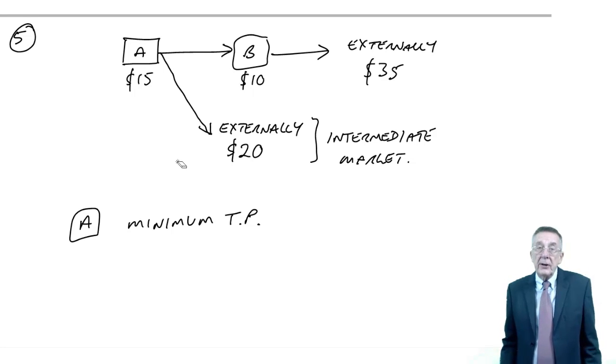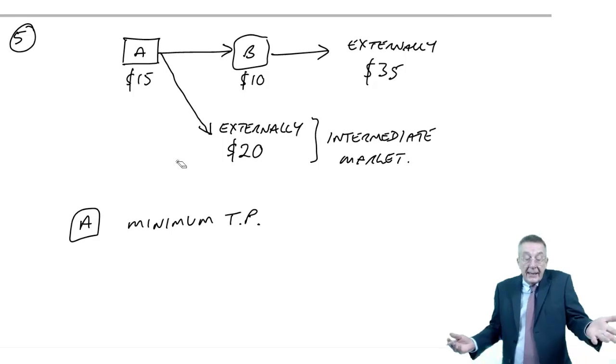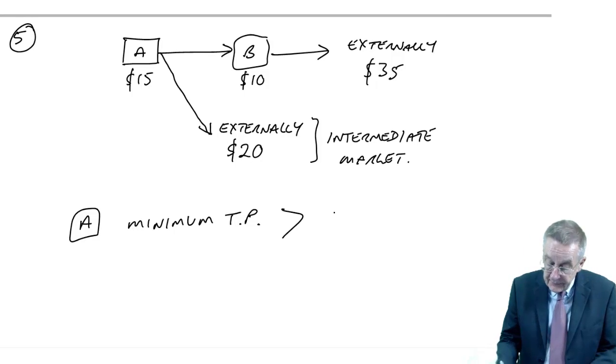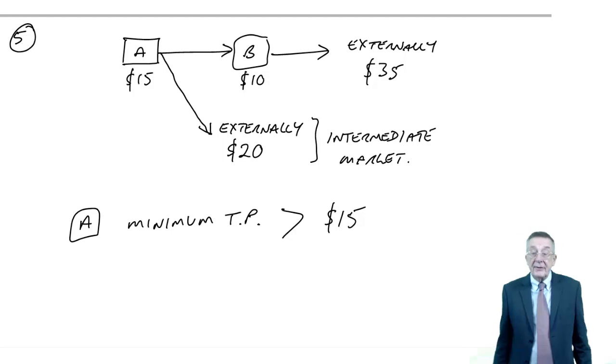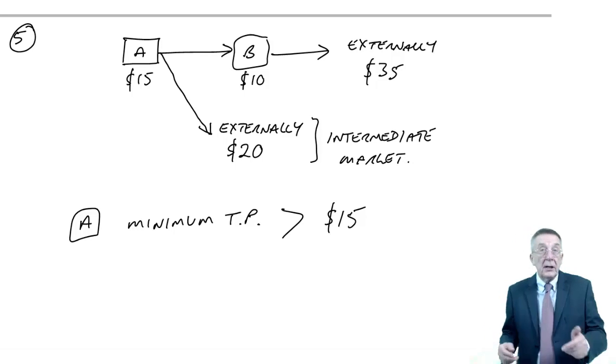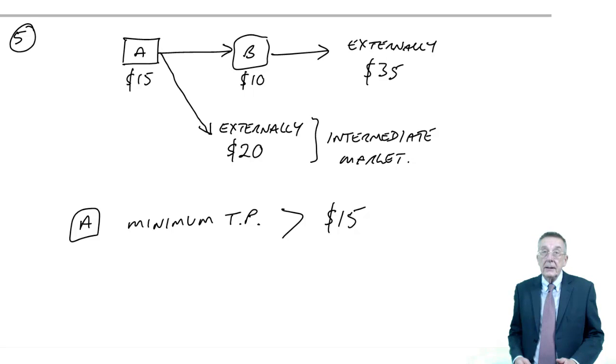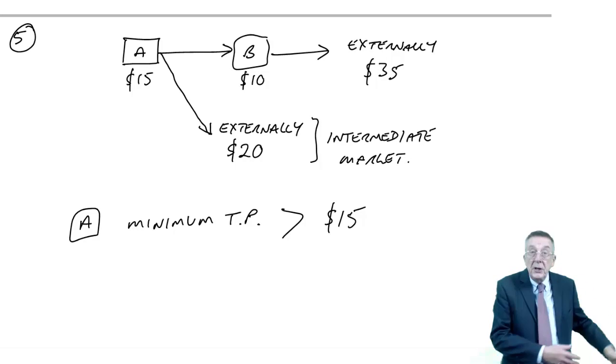And what's the minimum price at which it's worth supplying to B? Surely anything more than 15. As long as B pays more than 15, they're already making a profit of $5 on those they're selling externally, but that is limited. All right, we can produce more.